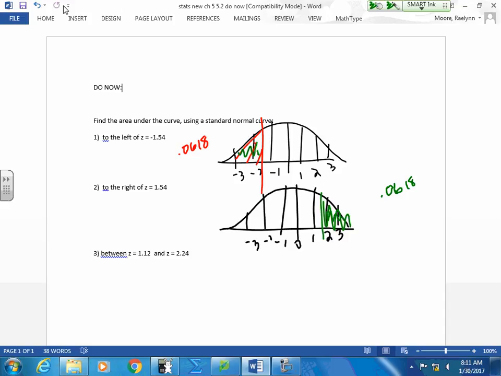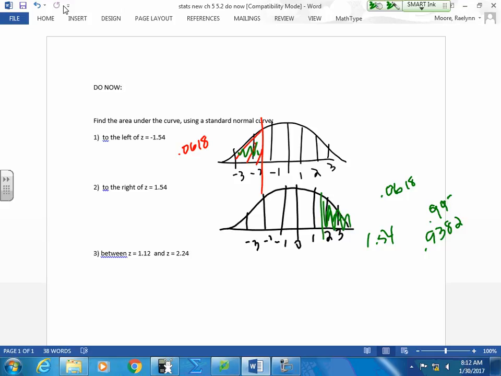It's symmetric. So if I don't remember my symmetry, I can look up 1.54 on my table. Did anybody look up 1.54 and then subtract it from 1? What'd you get? 0.9382. Thank you.